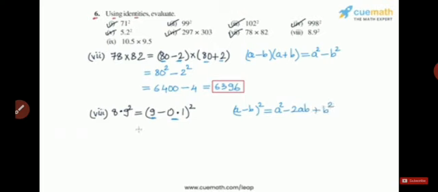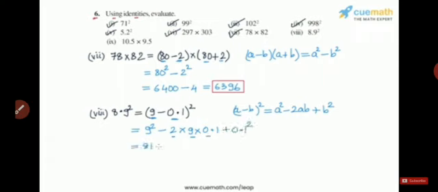Then we apply this identity here: 9 square minus 2 into 9 into 0.1 plus 0.1 square.